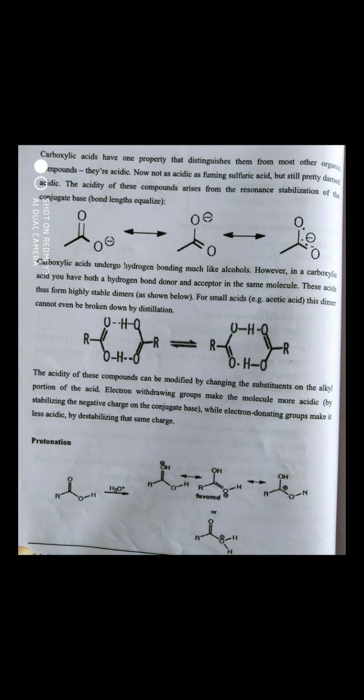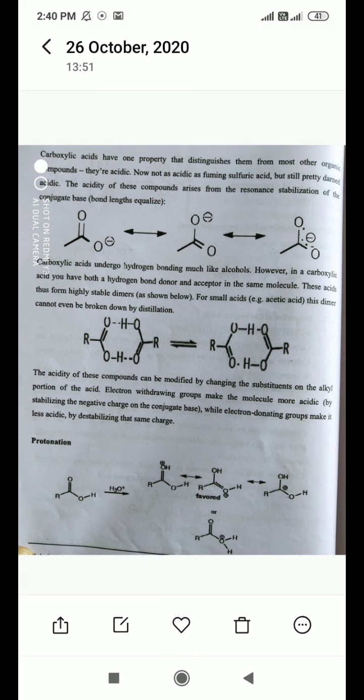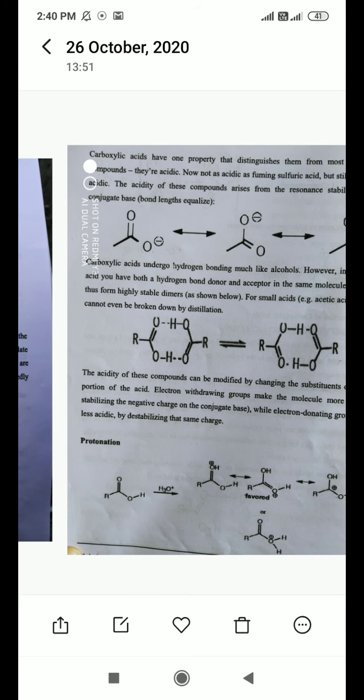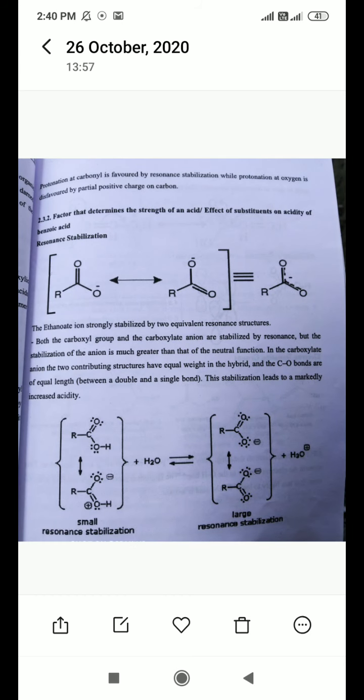Then, reversibly, the bond is shifted, the double bond is converted into single, and the positive charge moves from oxygen to the carbon atom. This occurs in the protonation of the acid functional group.